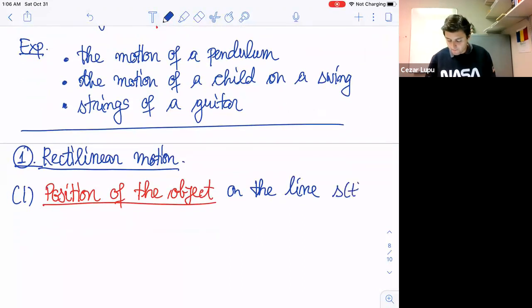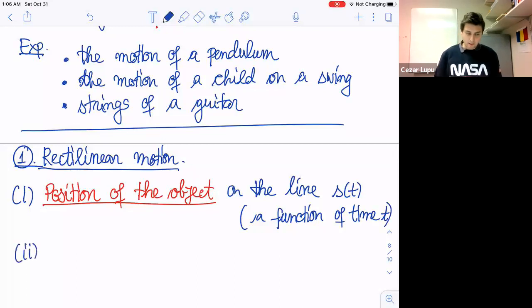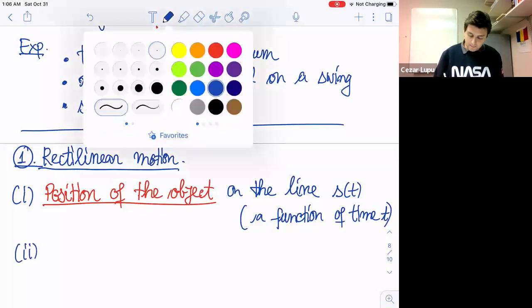Let's just say s of t, right? The line is described by this function s of t. This is a function of time t.